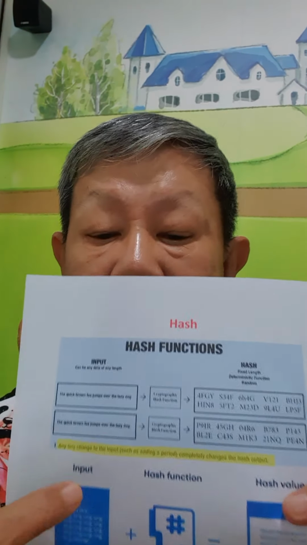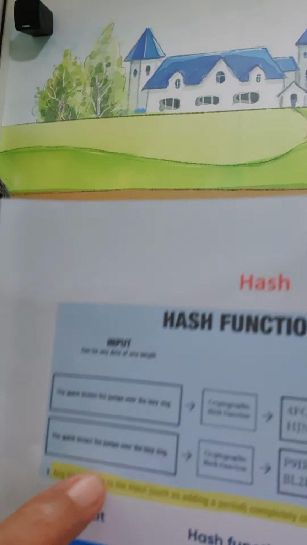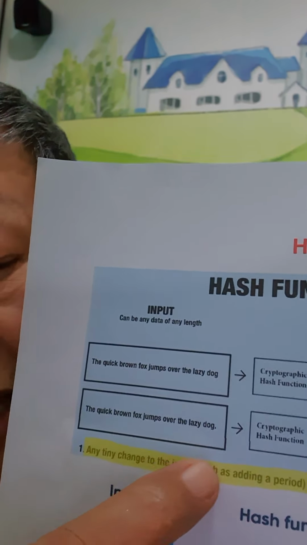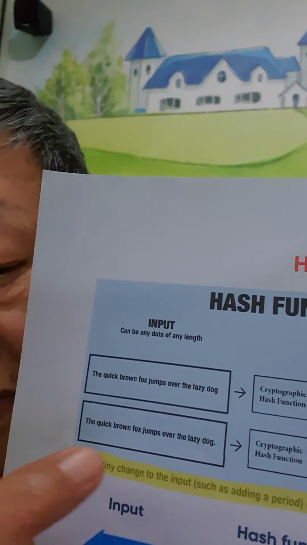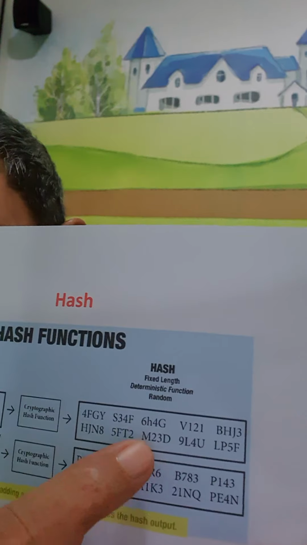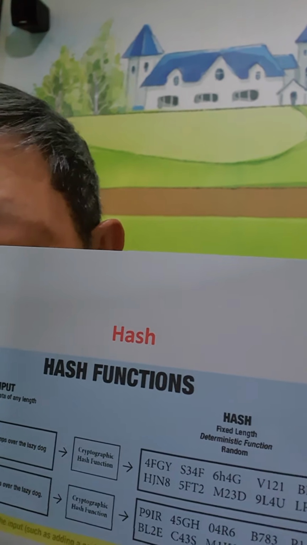If I were to take the same message and add in slightly one thing, like in this case, the message is the big brown fox jumped over the lazy dog, and if I were to add in a full stop behind, same sentence, one full stop, going through the same hash function, you see the result is completely different. Totally two different unrecognizable characters. This is the power of hashing. Every unique message coming in will come up with a unique hash value.